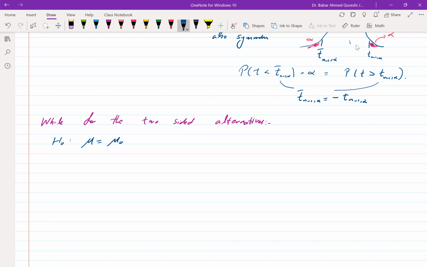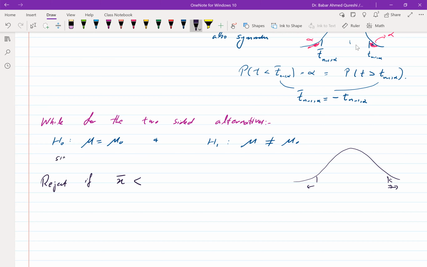So you will reject if your sample mean is less than this. So you have it now on the two sides. If you get a number way over here or way down here, in both cases, you reject.